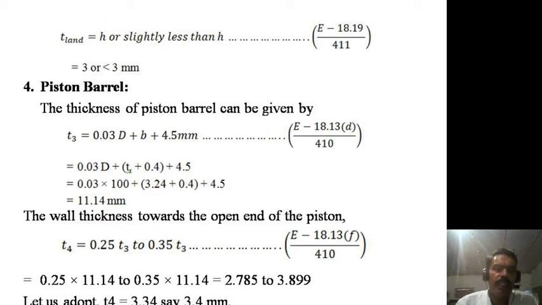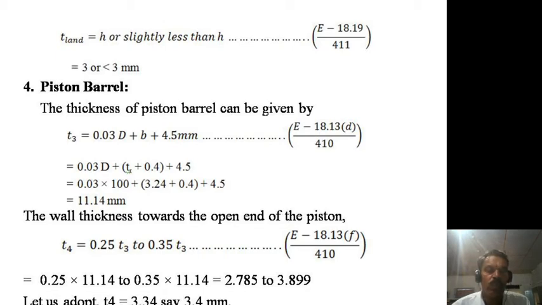Next is the wall thickness towards the open end of the piston, that is T4. You have calculated the T1, T2 and T3 values. Finally, you have to find out the T4 value. T4 is given by an empirical formula available in DDHB, page number 410: T4 is equal to 0.25 times T3.